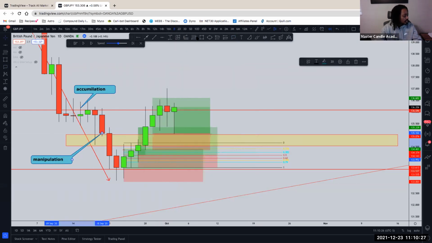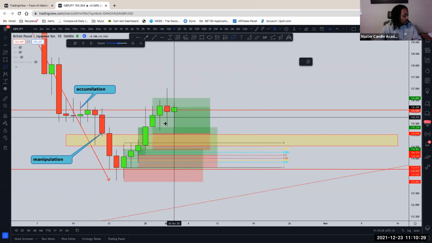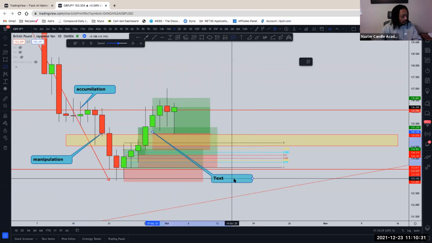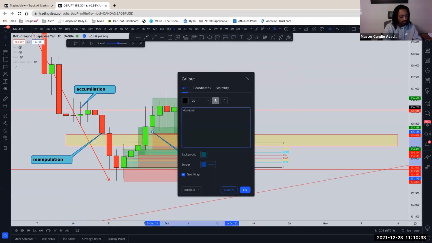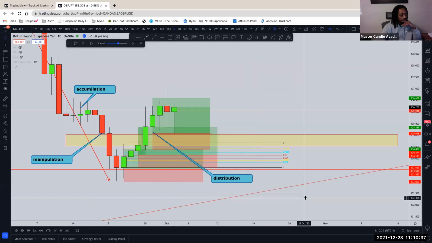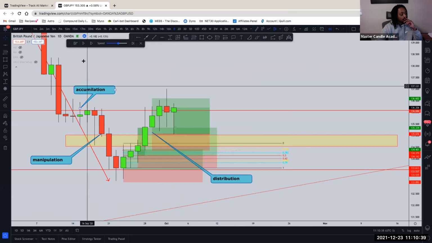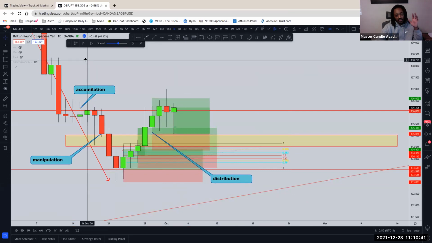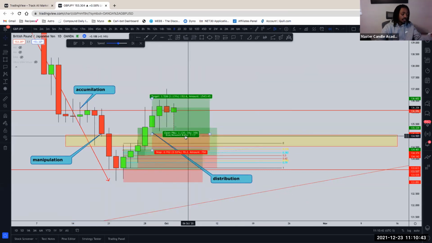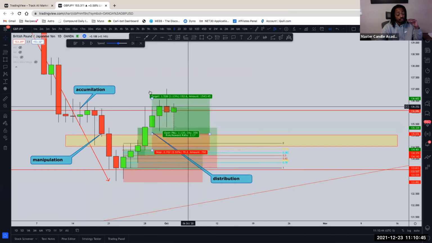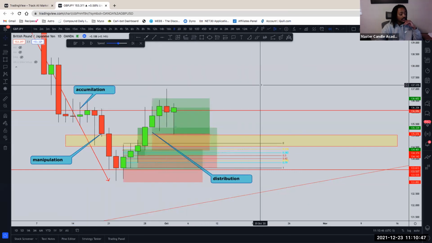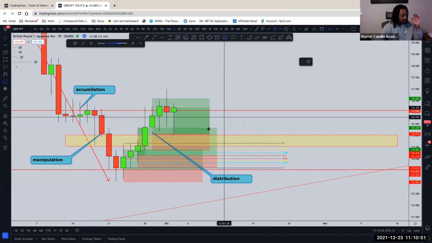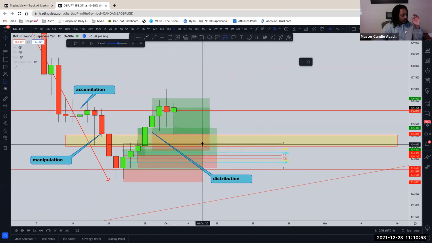And what phase are we currently in right now? Right? So let's see if price gives us the 50%, or let's see if price just continues on the distribution. Now, if price does come back for our level, where are we trying to get in the market? The 50 was here.